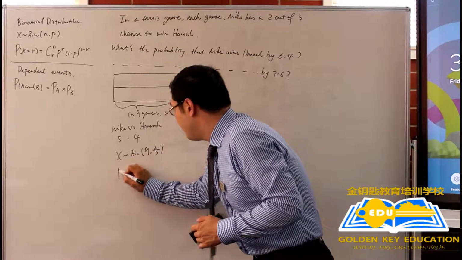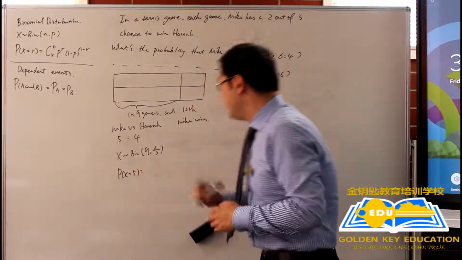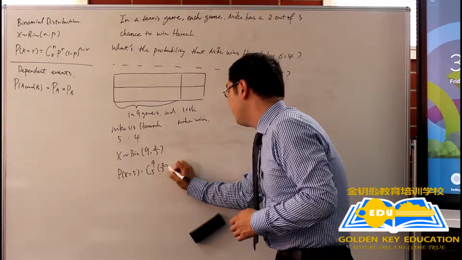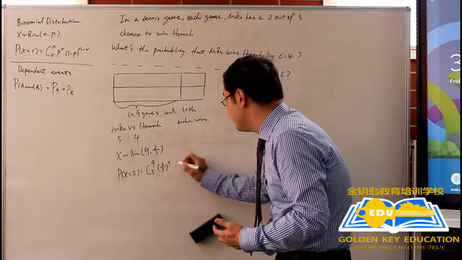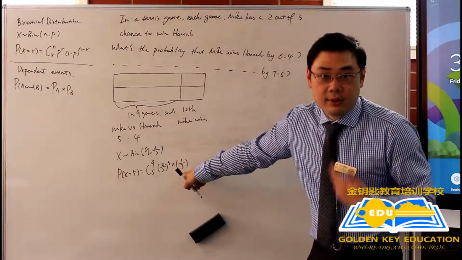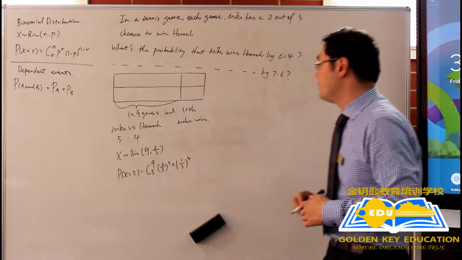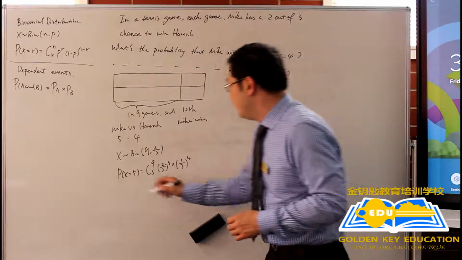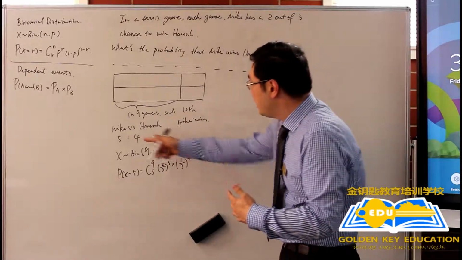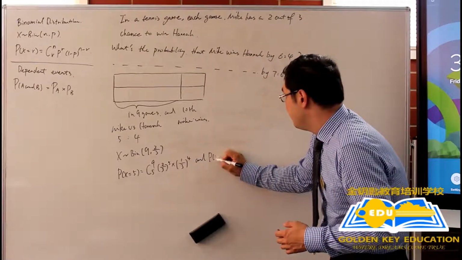So P(X = 5) is 9 choose 5, times 2 out of 3 for Mike winning 5 times, and the chance for Mike to lose is 1 out of 3, and he loses 4 times. This is the chance that the first 9 games result in 5 against 4. And then you need Mike to win.